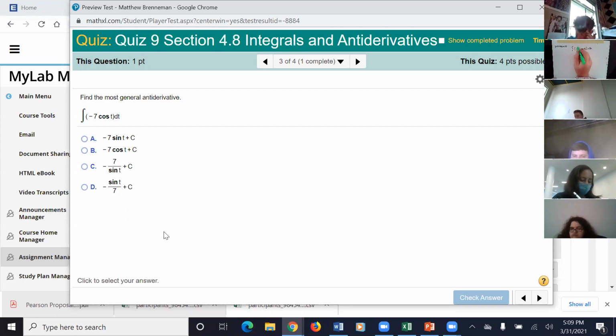So again, the first thing your eye goes to is the fact that you can factor out a scalar multiple. So I'm just going to write this as -7 times the indefinite integral of cosine t.